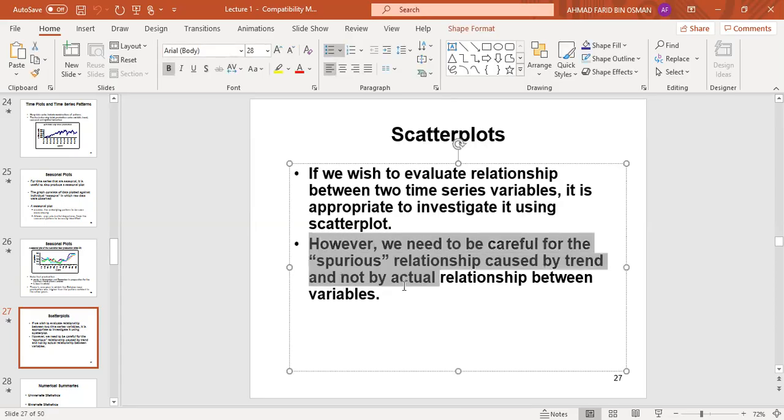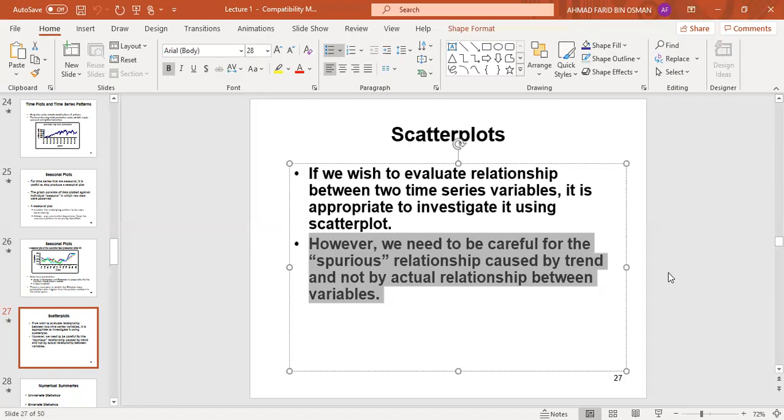Because let's say you have time series data for two different things. For example, you have the annual price of a book, and then you have another series, the annual price of a car, of a certain brand or type of car.